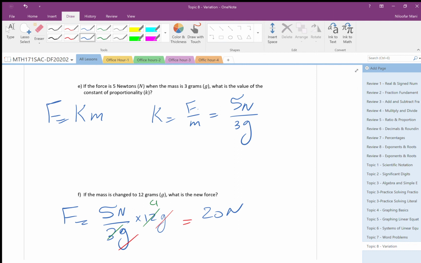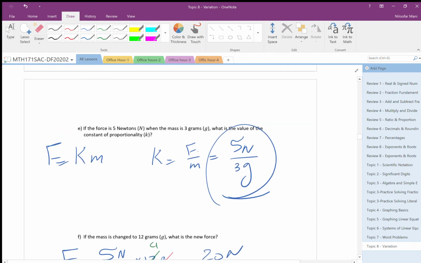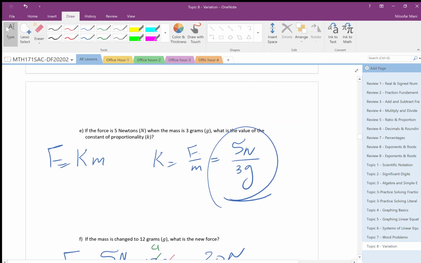For example, maybe one of them is in gram, and when I give you F, I talk about kilogram. Then it doesn't make any sense, and I have to do conversion. But here, no, it doesn't matter. Look at what happened here.